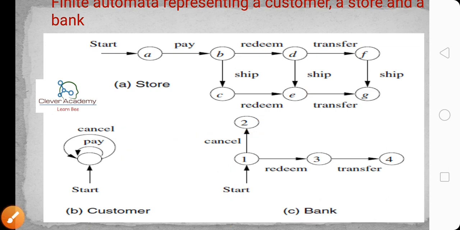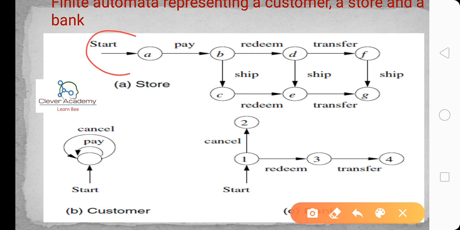Here you can see every finite automata is represented with a start. So whenever the store is paid, or the operations move on, how they transfer the data, that entire operation we discussed in the previous files, we are representing here.